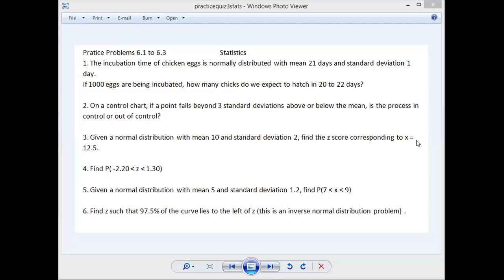All right, so see what you can do with this. You should be seeing practice problem 6.1 to 6.3, in order of appearance in your textbook. Let's shoot for, I'm going to check in 15 minutes and see where you are, okay?